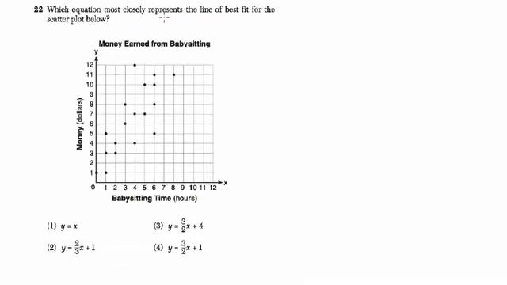Which equation most closely represents the line of best fit? So we can enter all this into the calculator, but that'd be super tedious. I'm just going to graph these lines. So y equals x. You can see all the points where y and x are equal is not even close. This is the line y equals x. It's really an unbalanced line of fit. Okay, that one's out. Now we have 2/3, 3/2.